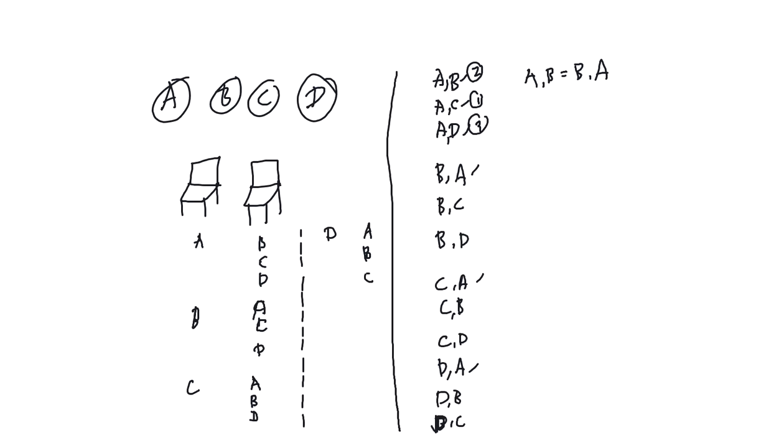And then BC is the same as CB. BD, DB. BD is DB.